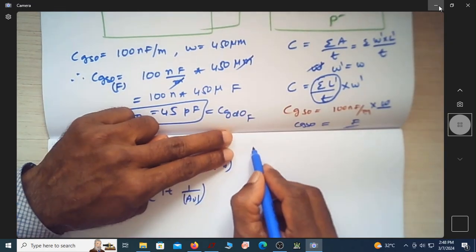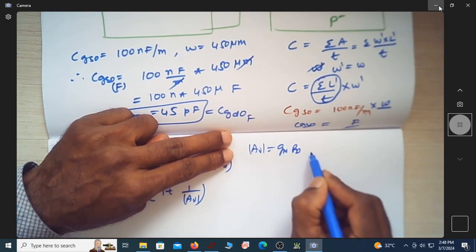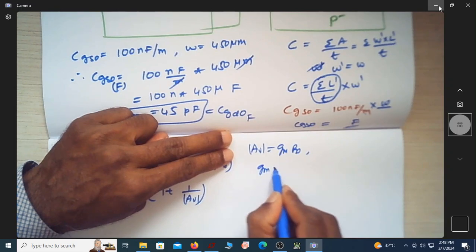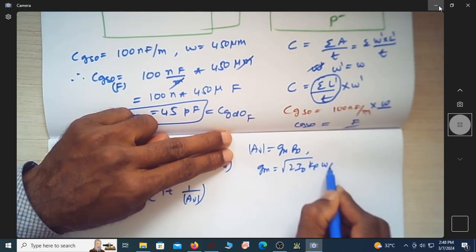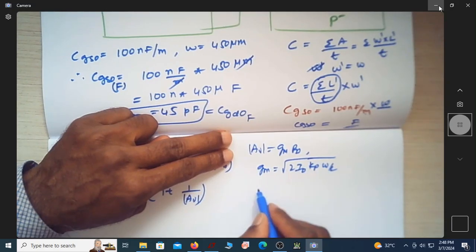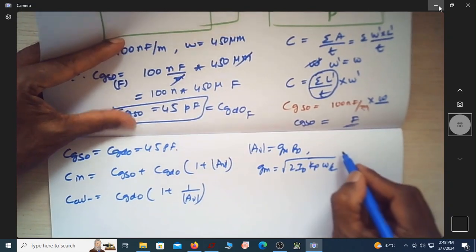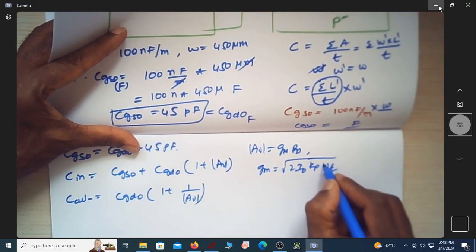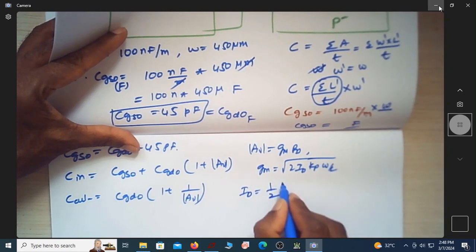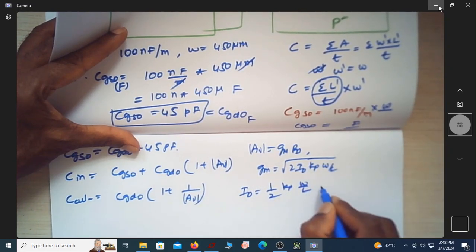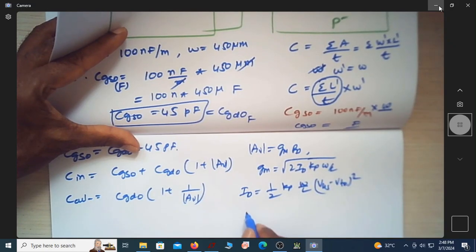But what is AV? AV magnitude is GM into RD, where GM is the root of 2 ID KP W by L. W by L is given, we know KP, we need to find ID. So ID is equal to half KP W by L into VGS minus VTO whole square.